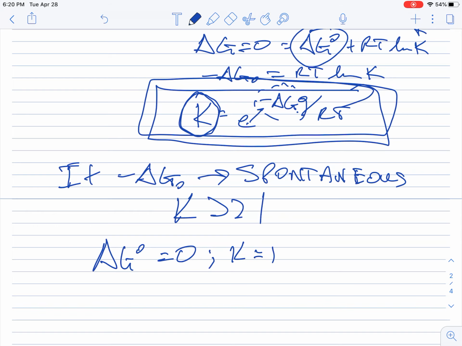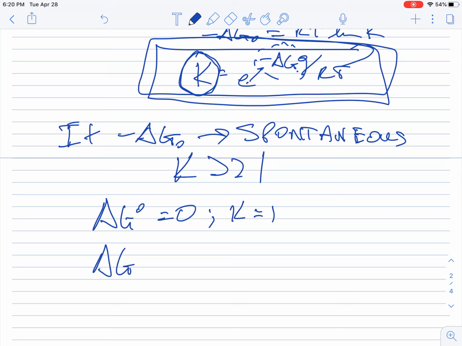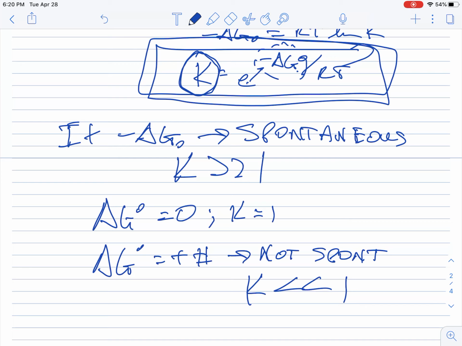K equals 1. The system's at equilibrium. If delta G naught is a positive number, we're not spontaneous, and K is going to be less than 1.